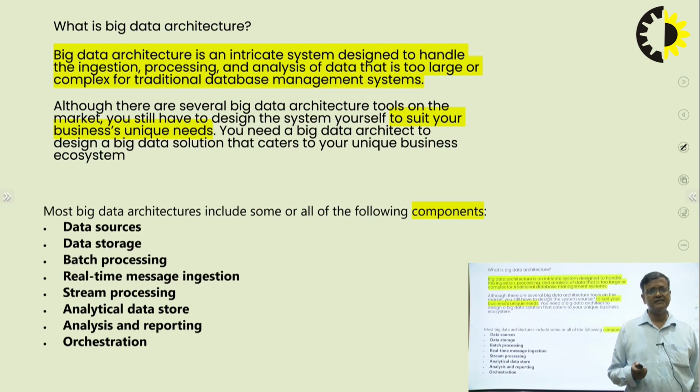The components are: number 1, data sources; number 2, data storage; number 3, batch processing; number 4, real-time message ingestion; number 5, stream processing; number 6, analytical data store; number 7, analysis and reporting; and finally, the orchestration.